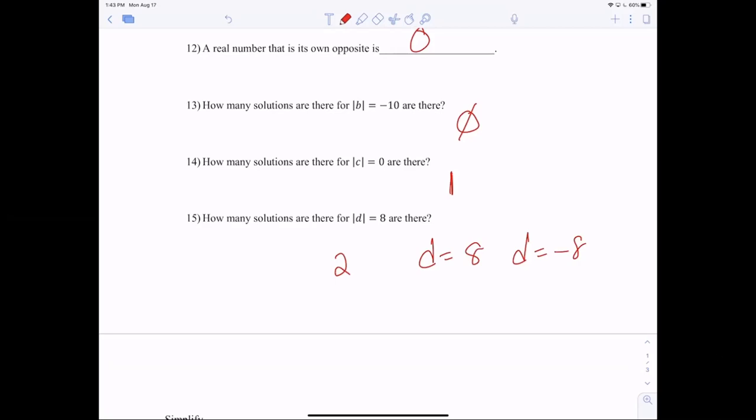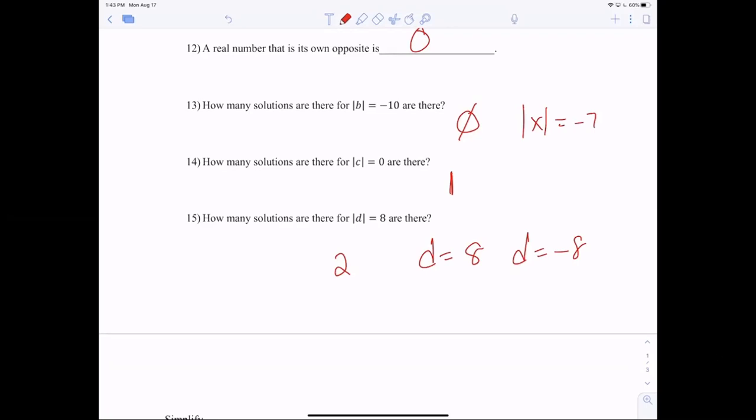So you should be able to tell me the absolute value of what is equal to -7. What's the absolute value of 7? 7. You tell me the answer. The absolute value of what is -7? You said 7. So the absolute value of 7 is what?